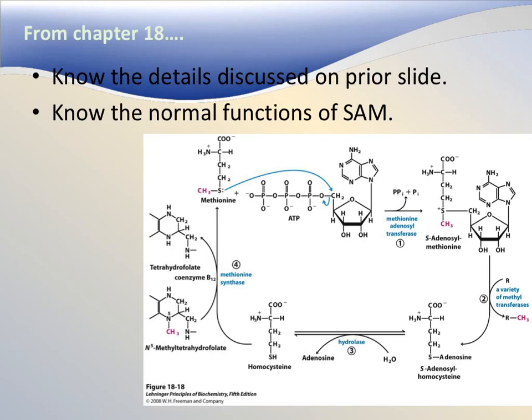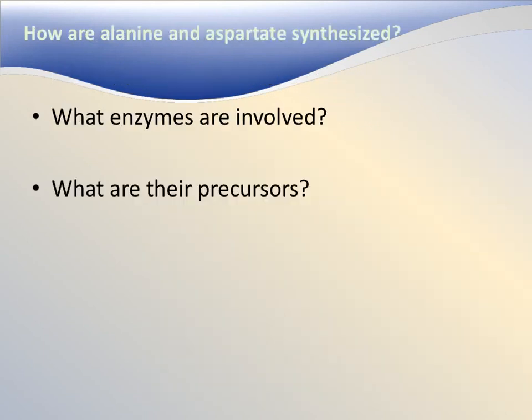All right. So now we're going to change here. So remember, we're going through all the amino acids. We're going to be talking about alanine, aspartate. Just briefly, which should be review. Where does alanine come from? Pyruvate.